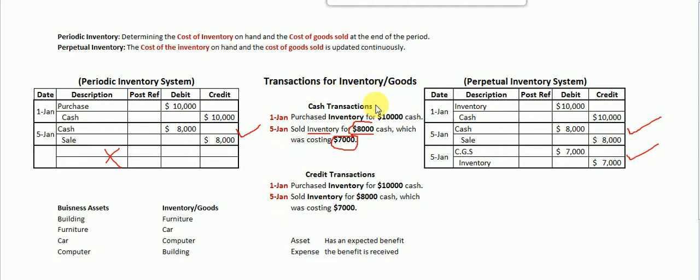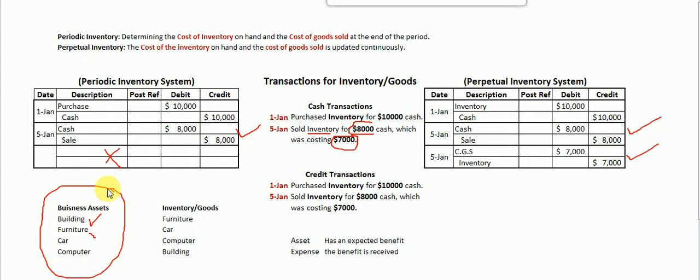Dear students, again, you should not be confused. If we are recording something that is not inventory, for example if you have purchased a building, furniture, car, or computer, and the purpose is not to resell them but to use them in the business, then the method is the one I gave you in the previous lecture.